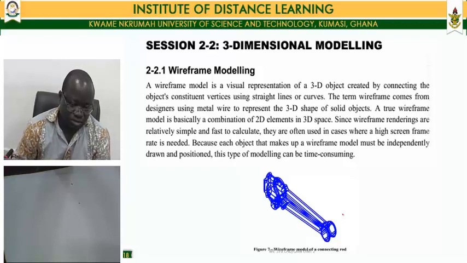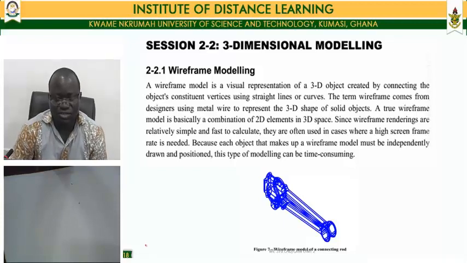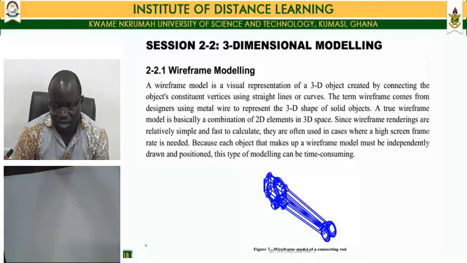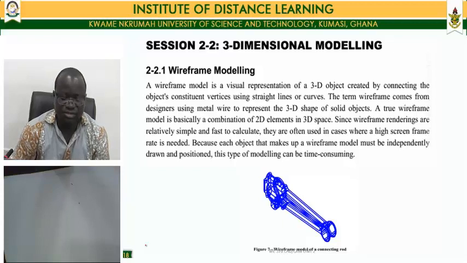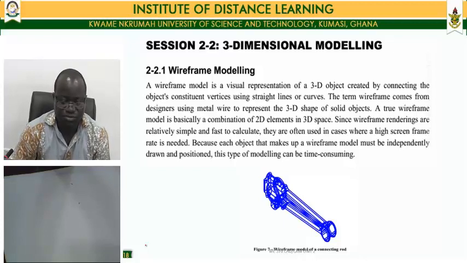Now, wireframe is the first type of three-dimensional modeling or visual representation. In three-dimensional modeling, you can display a model in a particular representation, and we have what we call the wireframe, and then we have the solid model or the surface model.